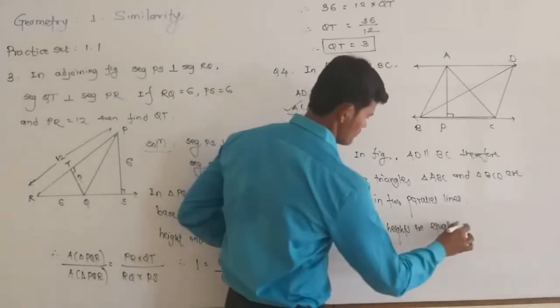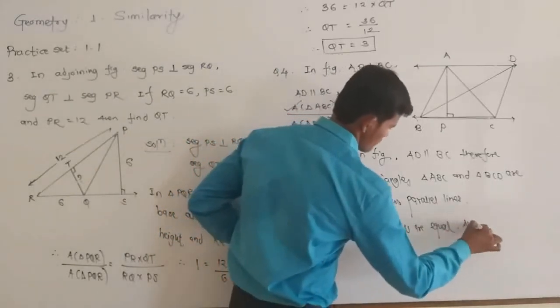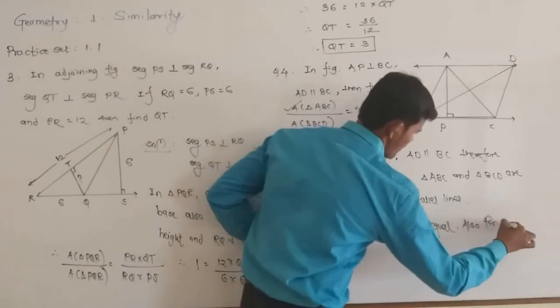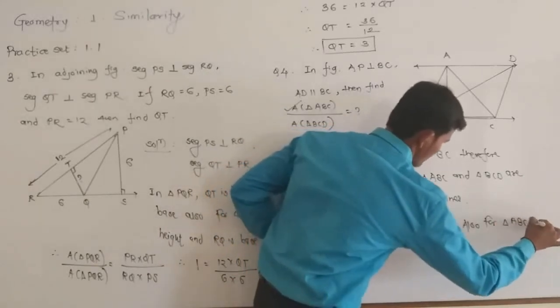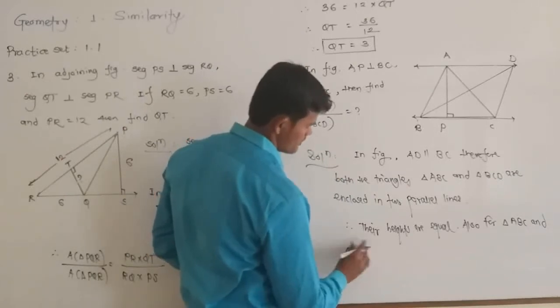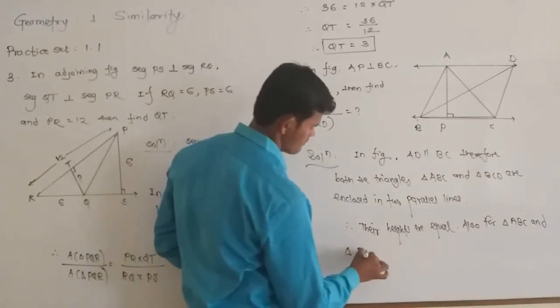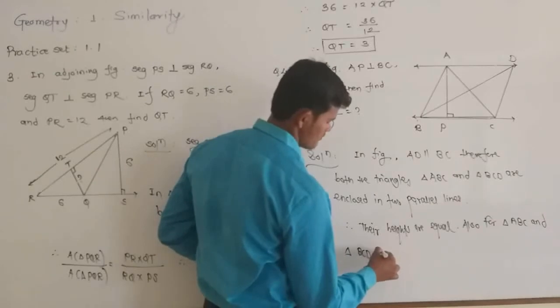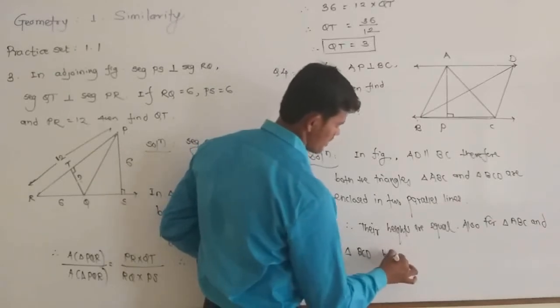Also, for triangle ABC and triangle BCD, the bases are equal.